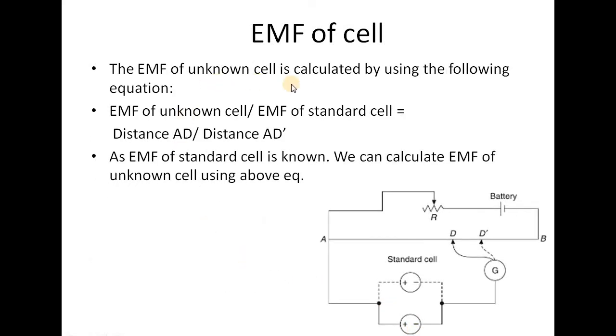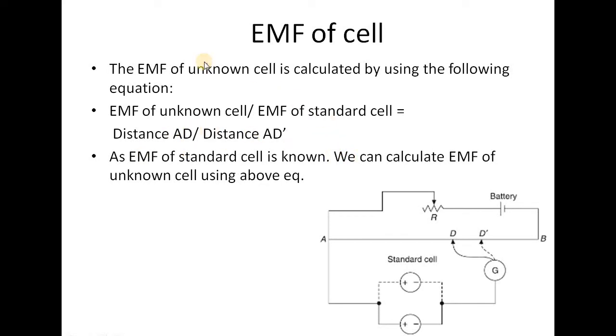The EMF of the unknown cell will be calculated by using the following equation. The EMF of the unknown cell divided by the EMF of the standard cell is proportional to the distances used here. Here the distance will be AD dash by AD, with the unknown cell on top and the standard cell at the bottom. So the EMF of the unknown cell divided by the EMF of the standard cell is equal to the distance AD dash divided by the distance AD.